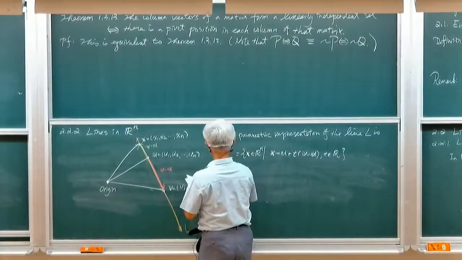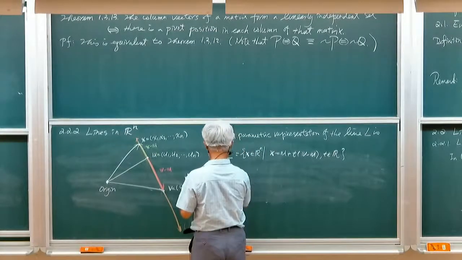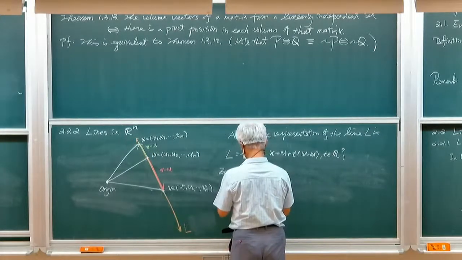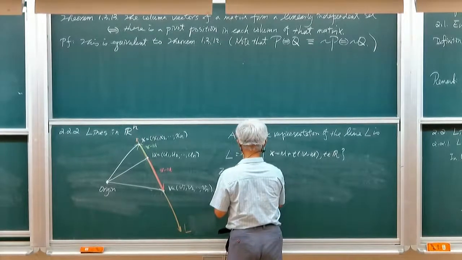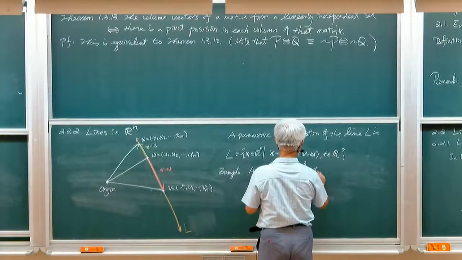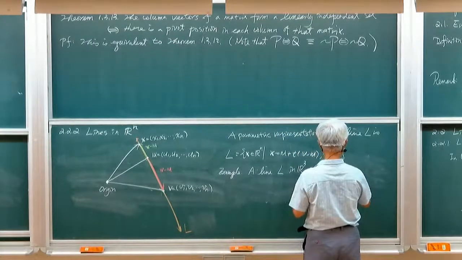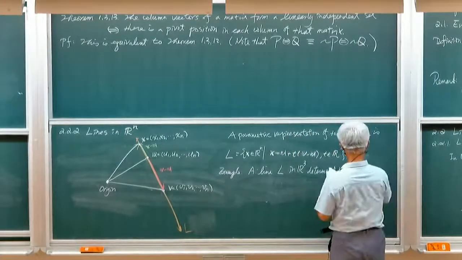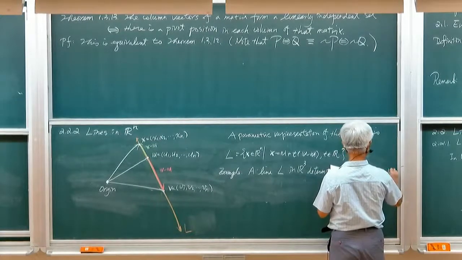Let's consider an example. We consider a line L in R3 determined by U, which is (1, 0, minus 1), and V, which is (2, 1, 2).